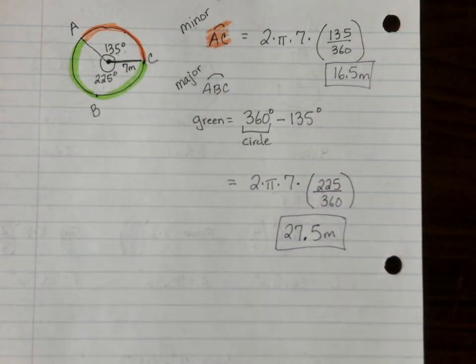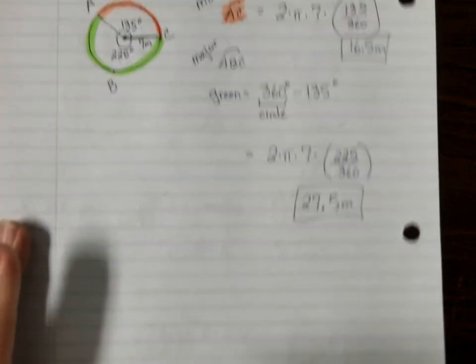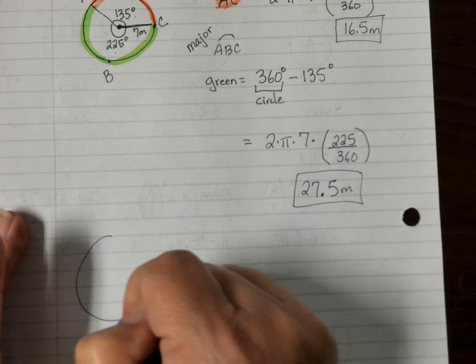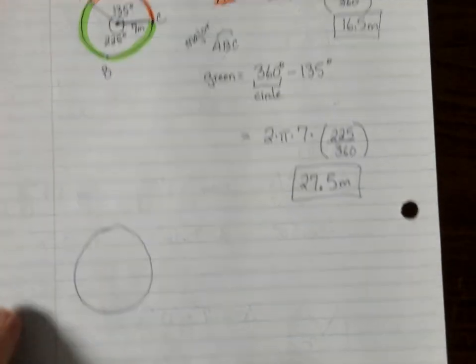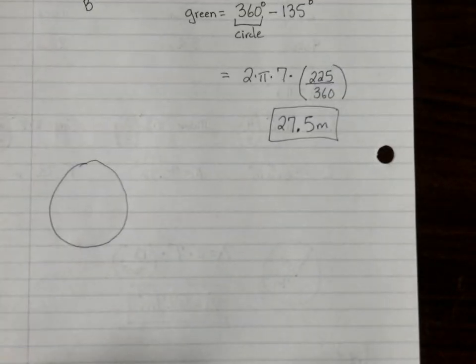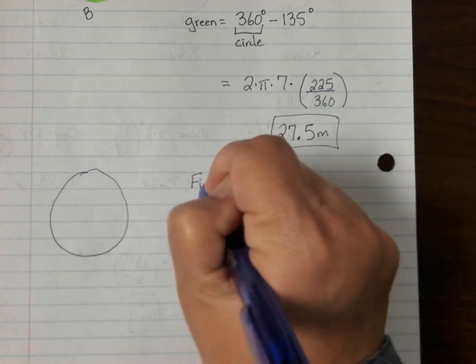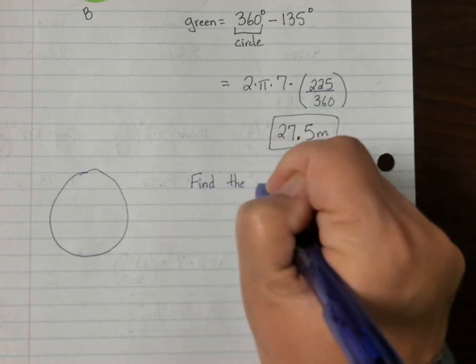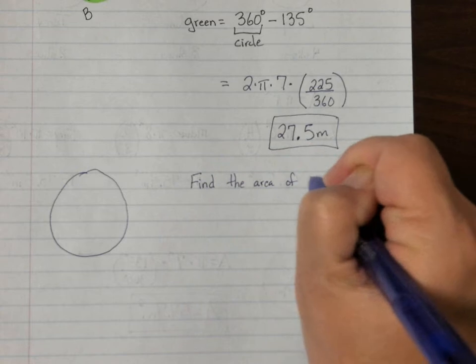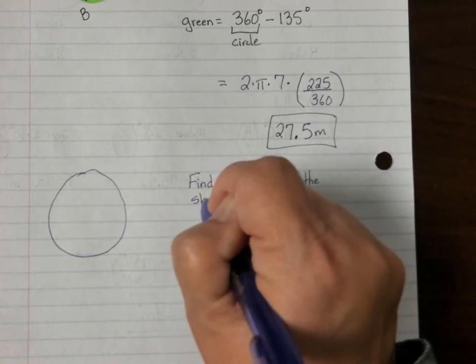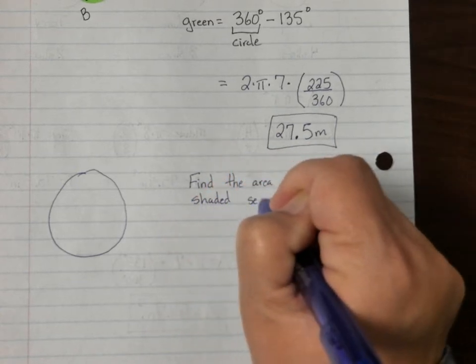Alright, we're going to do one more problem today and then we're going to be done. Let's go ahead and draw a circle here. Our words are going to say, find the area of the shaded sector.